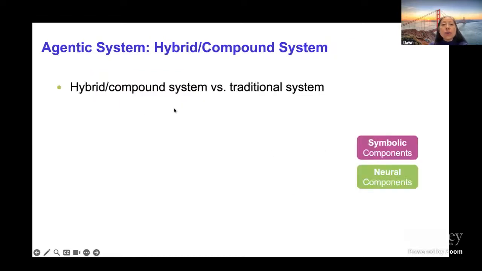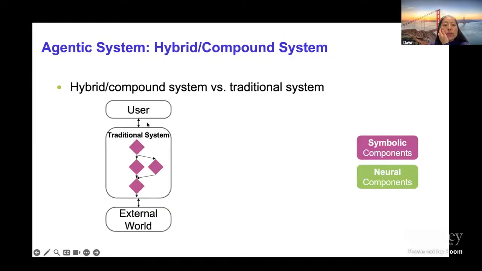And here I also want to contrast this agentic system to traditional systems. So in the traditional computer system, we essentially have what I call symbolic programs, which is, for example, what we typically use, like operating systems, web browsers, mobile applications.